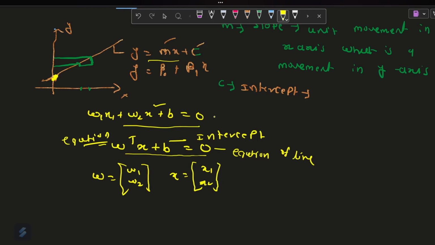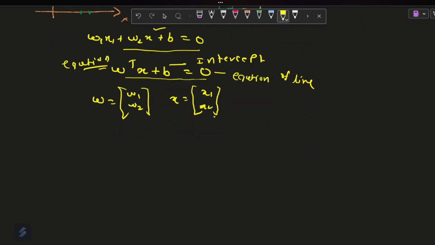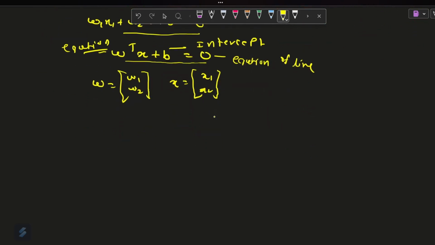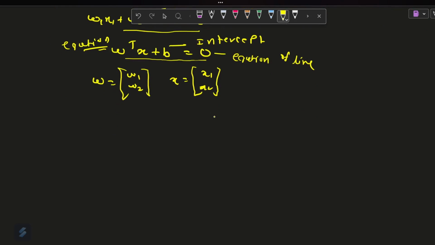Similarly, when we talk about the plane, the equation of a plane, let's start and understand. Here we have the axes: this is x1, this is x2, and this is x3.